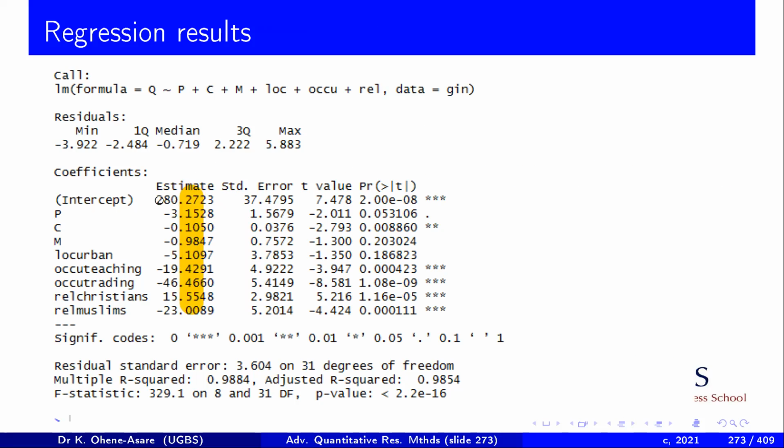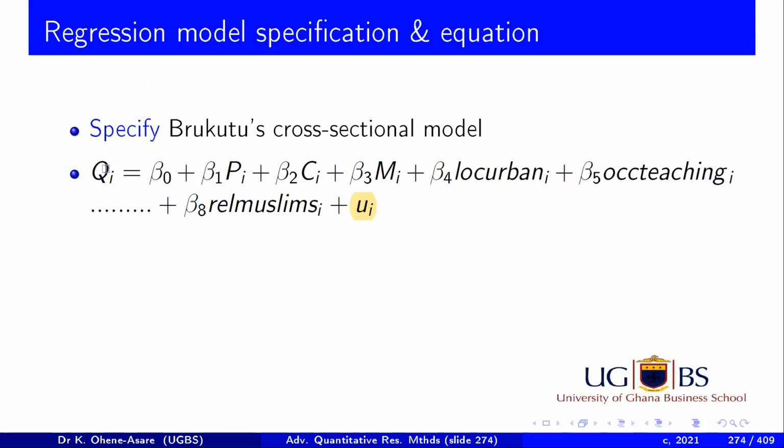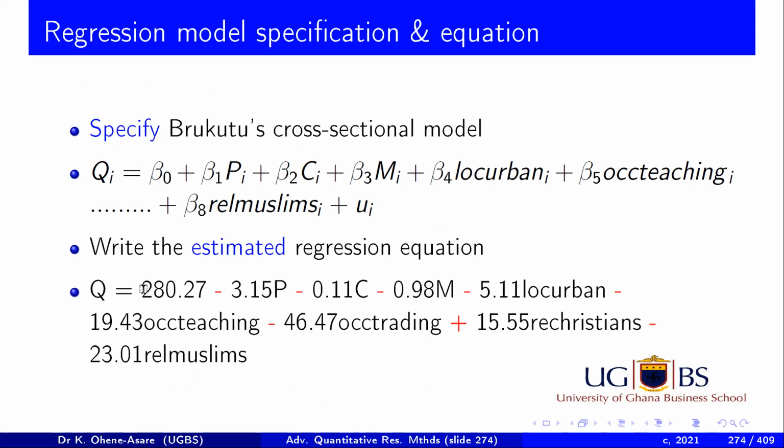If you look at the intercept, it is 280.27, and that's what you're going to write for this value. So you rewrite the whole thing, and then you write 280.27, and the rest will continue for each beta parameter, replacing it with the estimate.